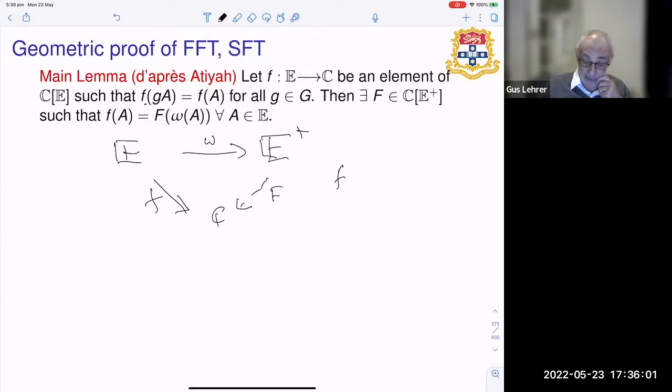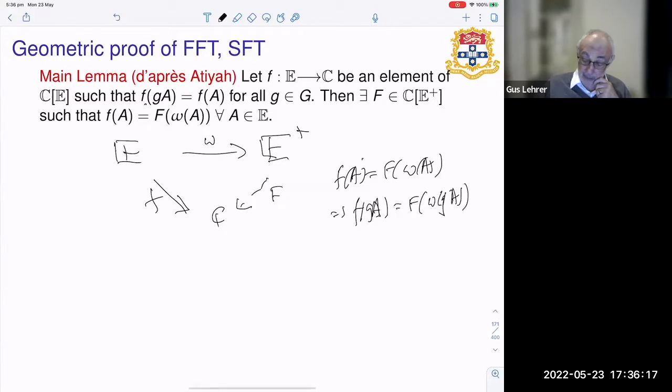So if f of A equals F of omega of A, that implies that f of GA is F of omega of GA, and omega of GA is A dagger G dagger GA, and this is trivial, so any function of this form obviously satisfies the condition.